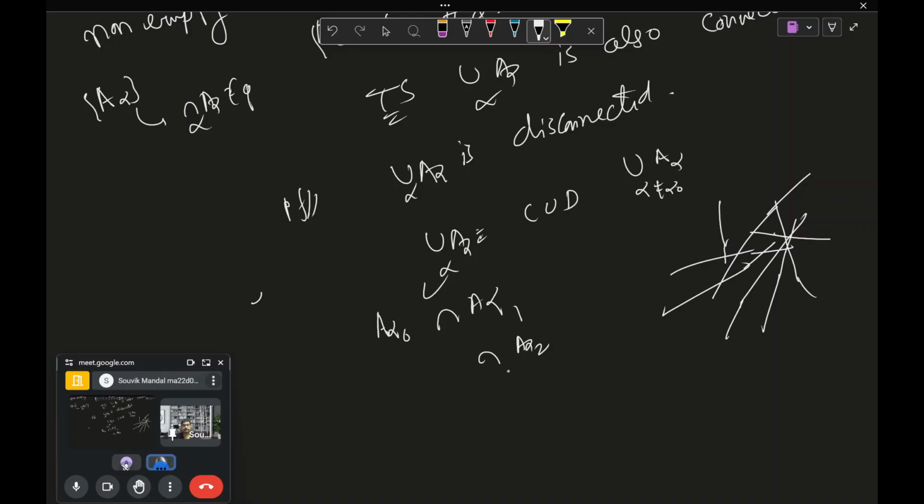So there are no disjoint sets in the A alpha, there is no separation, because there is always something in the intersection.